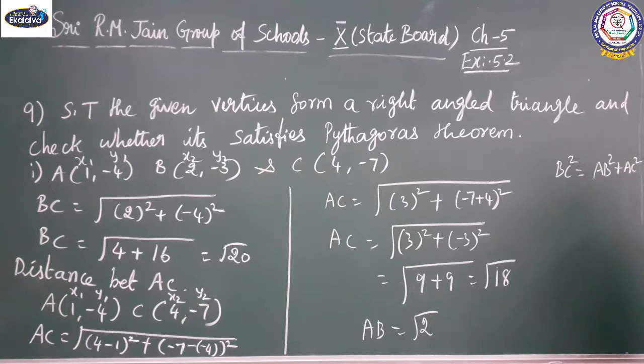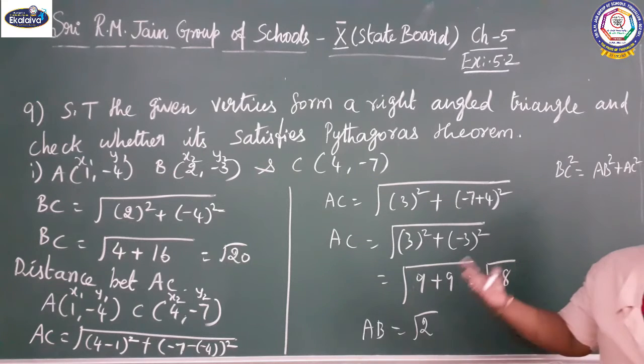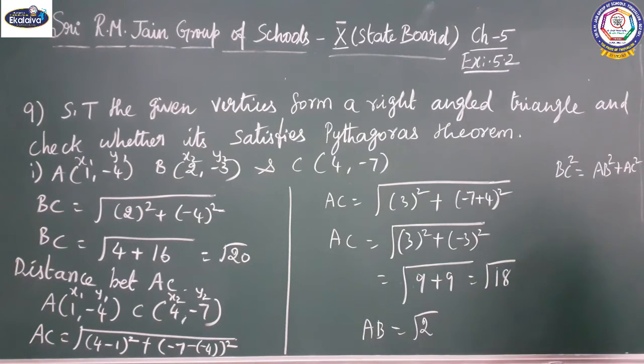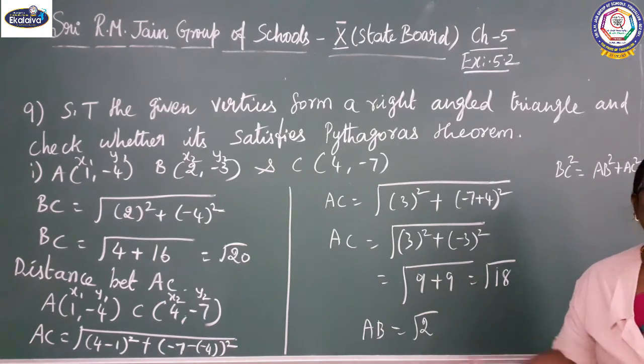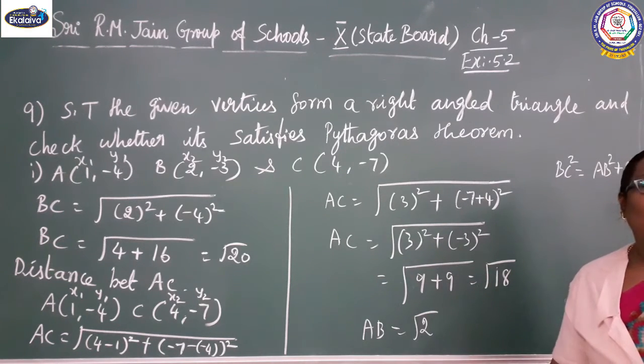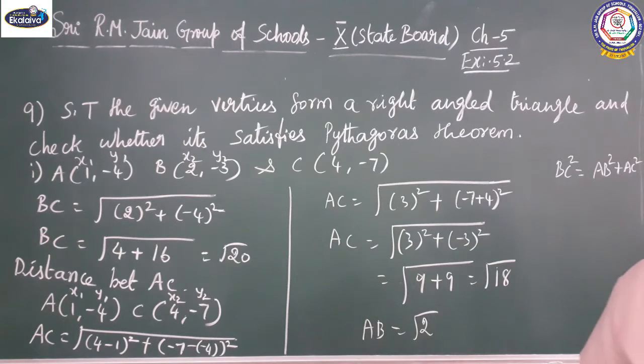The square of the hypotenuse is equal to the sum of the squares of the other two sides, not the sum of the hypotenuse.